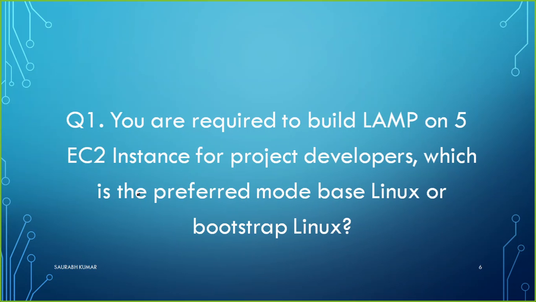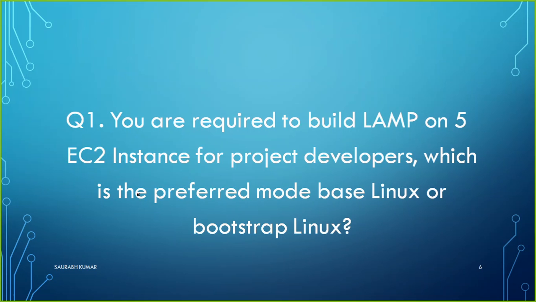What if you require to build LAMP: Linux, Apache, M for MySQL, P for PHP. If you require to build LAMP on 5 EC2 instances for a project developer, which is the preferred mode? Base Linux or Bootstrap Linux? Which one will you prefer to have? Write the answer.